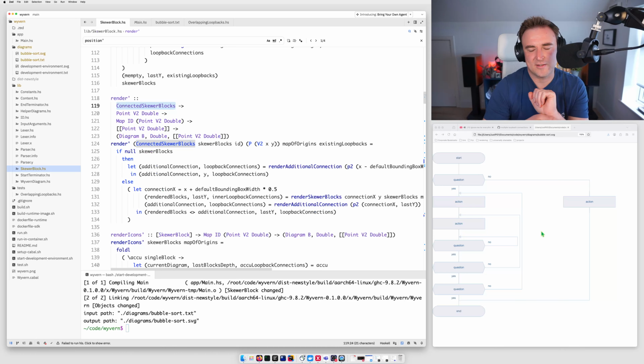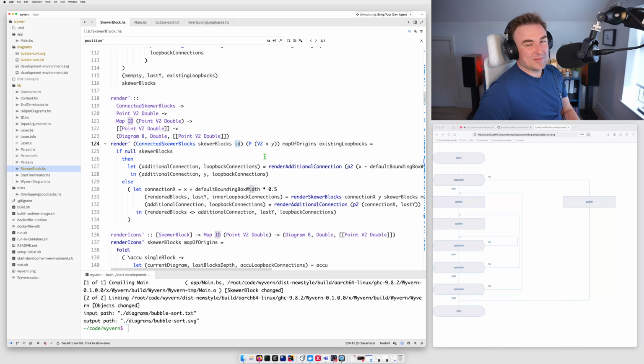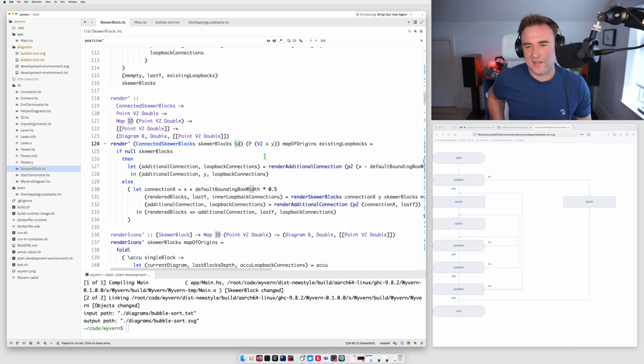So I think that if I only position the first skewer blocks, I'll have to push the rendering of those additional connections further down the rendering waterfall, let's call it. And that is changing the implementation pretty dramatically, and I don't have a good idea how to approach it yet.